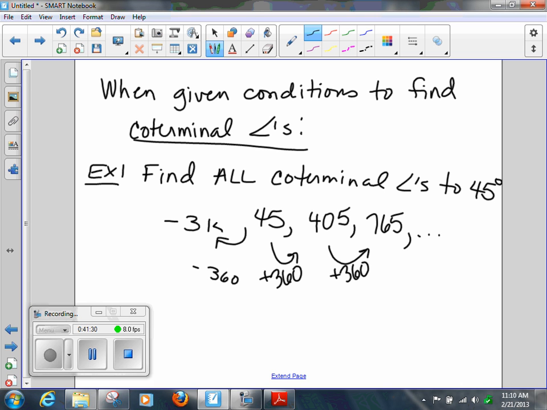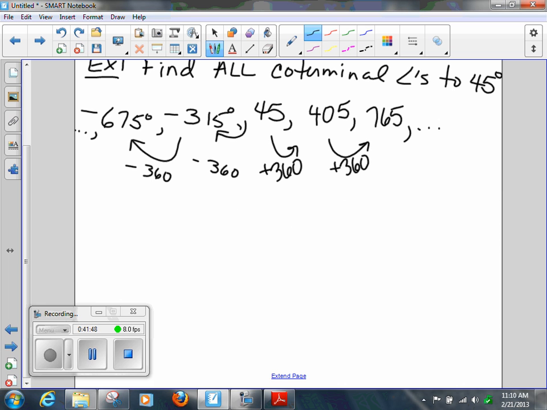Negative 315. Minus 360 again. You get negative 675. And then dot, dot, dot, because like you said, there are an infinite number of positive and negative.